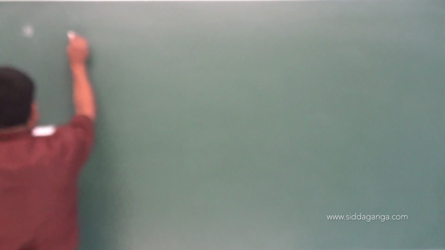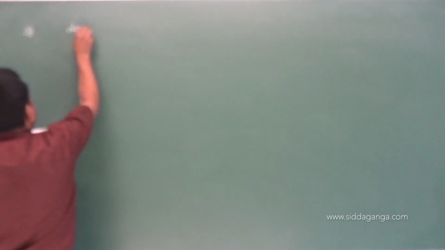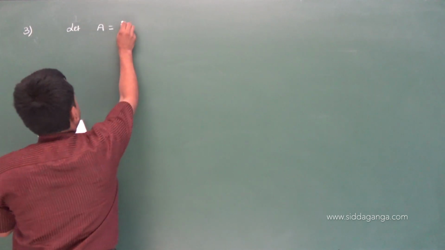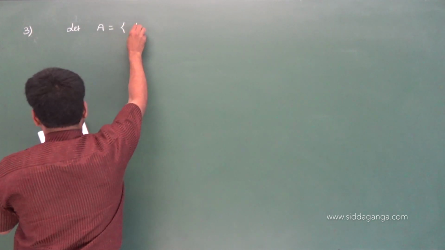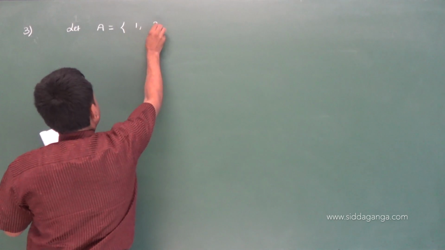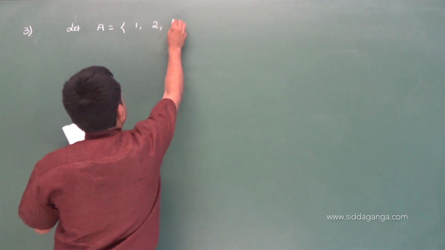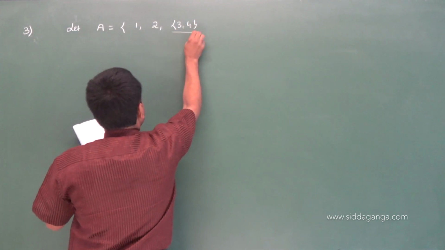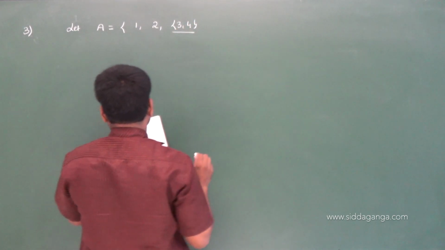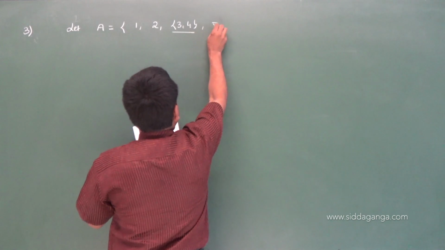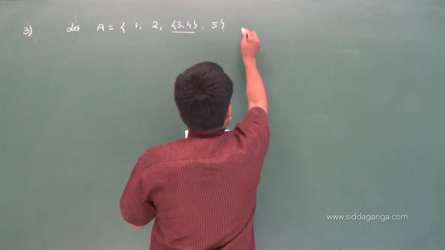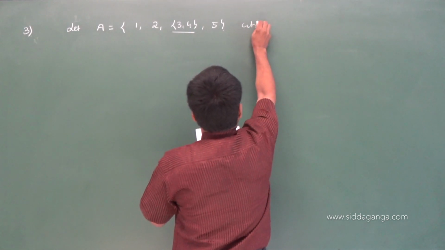Third main. Let A be equal to a set that contains the elements 1, 2, very important question, the set 3, 4, which is also an element, and 5.